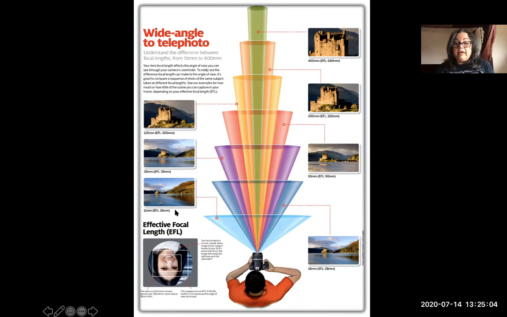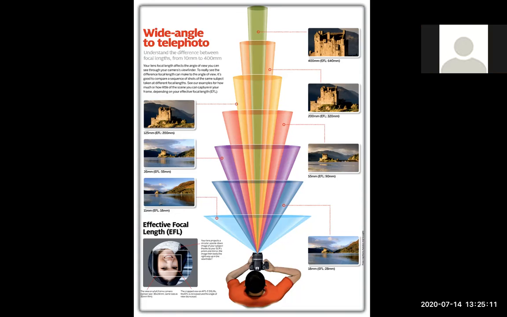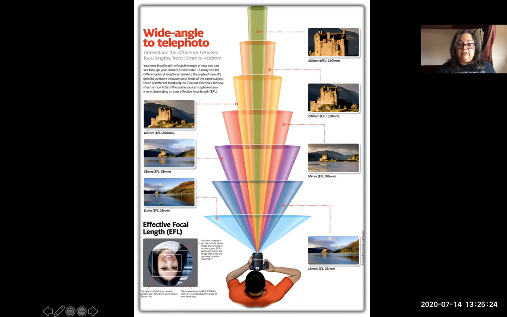With cameras that have smaller sensors, the lenses actually have different focal lengths. They actually have wider focal lengths to give the same amount of information that you get in the lenses that are used with full frame sensors. And so that's why they give the effective focal length as well.